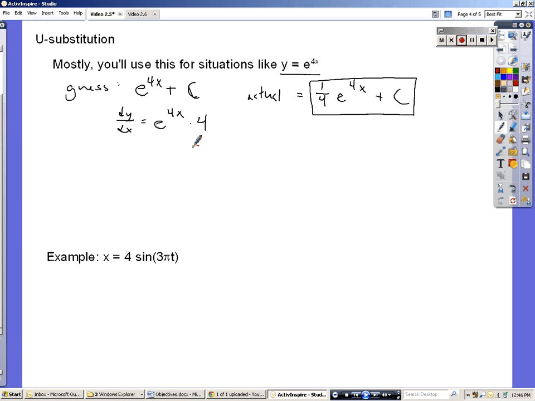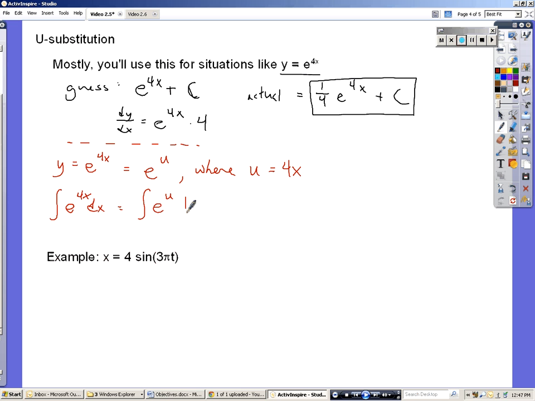So we're going to rewrite y, which is e to the 4x, as e to the u, where u is another function that equals 4x in this case. And what we have now, we have the integral of e to the 4x dx, which is now e to the u dx. There's a bit of a problem here, though.